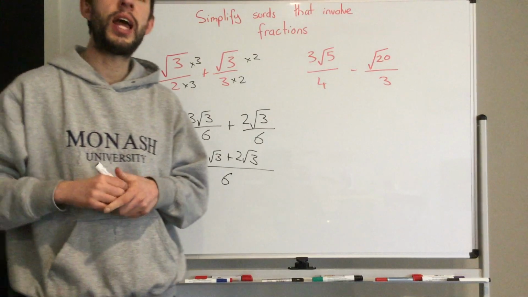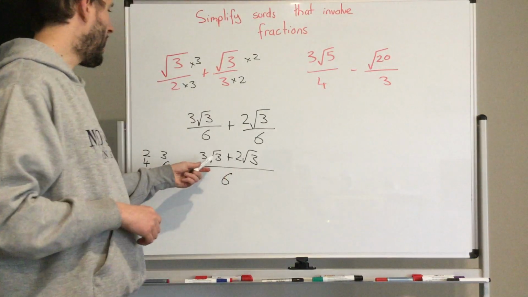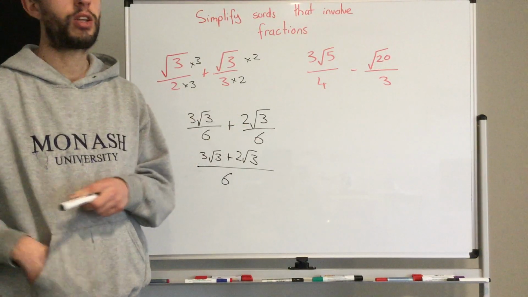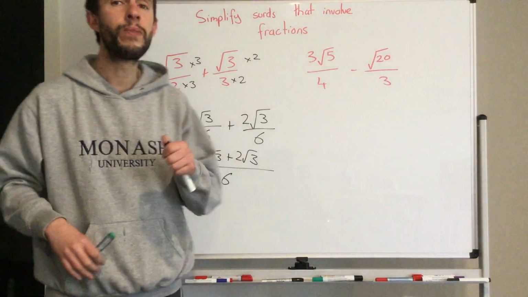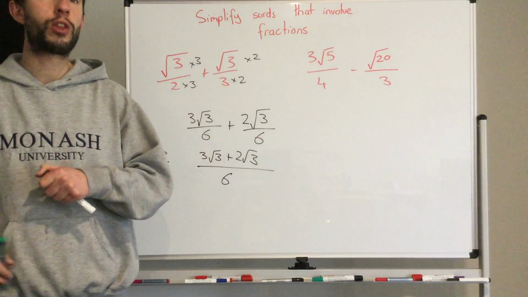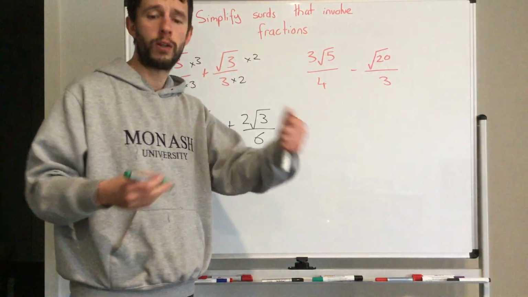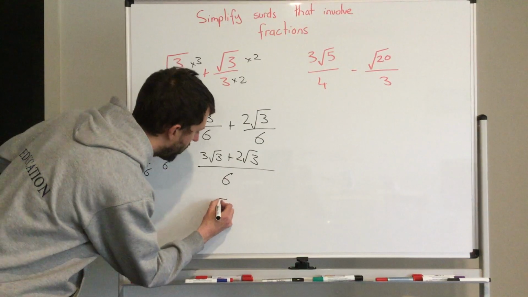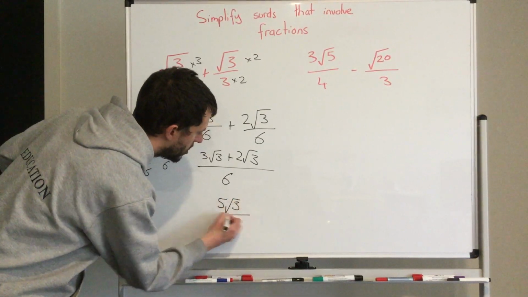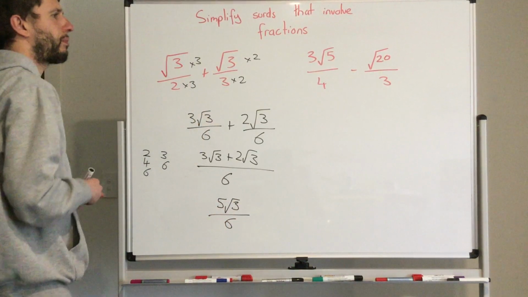Just remember when we did adding and subtracting, we need to have like terms. And here we have a like term of square root 3. So I can say we've got 3 lots of square root 3s and I'm adding 2 more lots of square root 3s. That gives me 5 lots of square root 3s over 6.